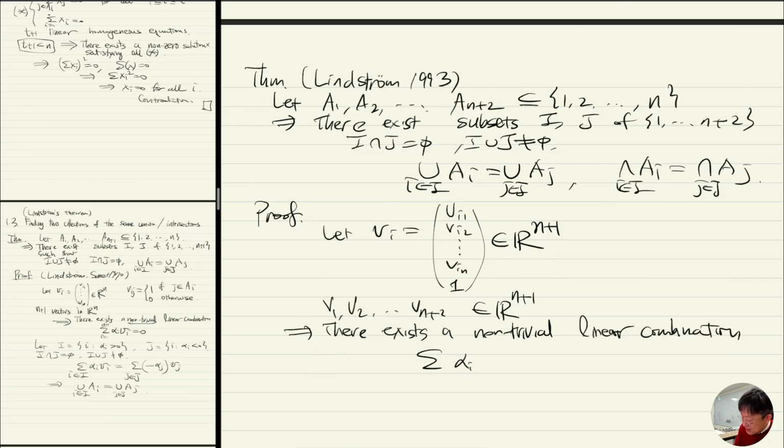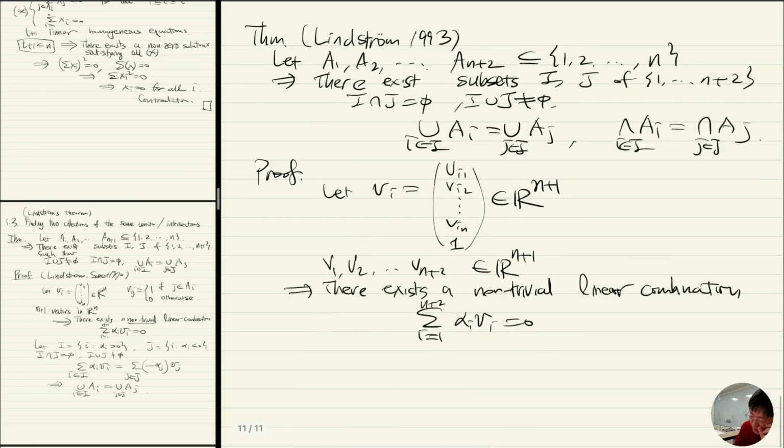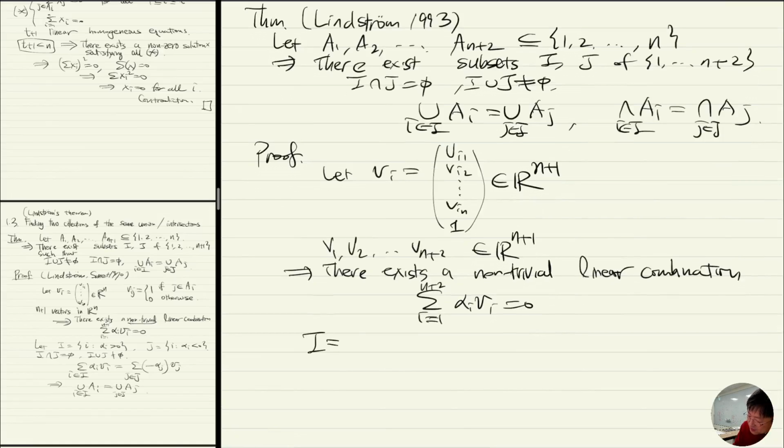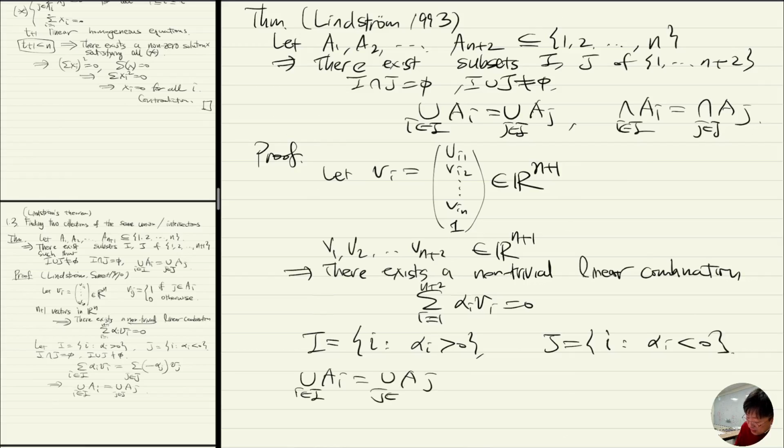Again, let's use the same notation. Now again, take the same sets. If alpha i is positive, I put it into I, and if it's negative, I put it into J. And then it's easy to see that the union of Ai is equal to the union of Aj.